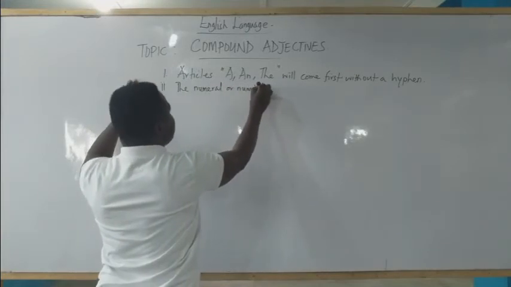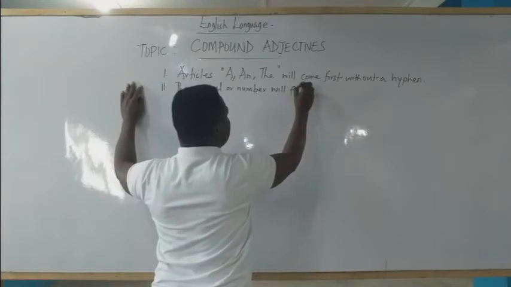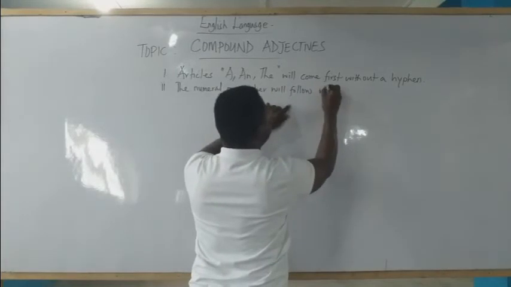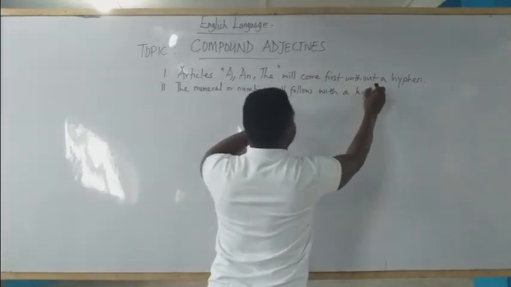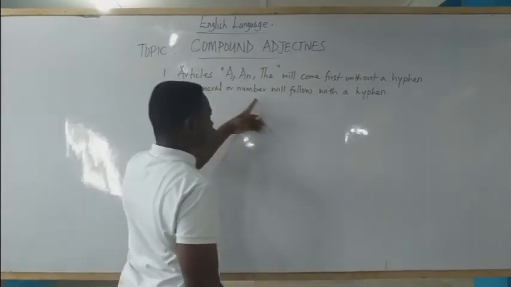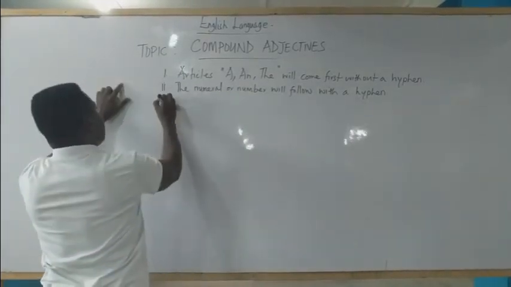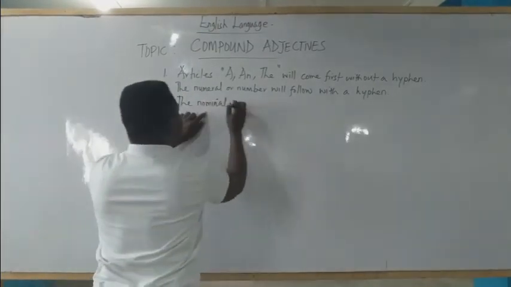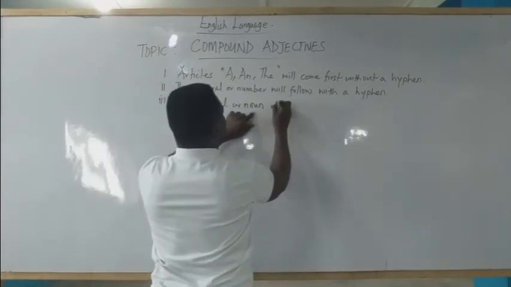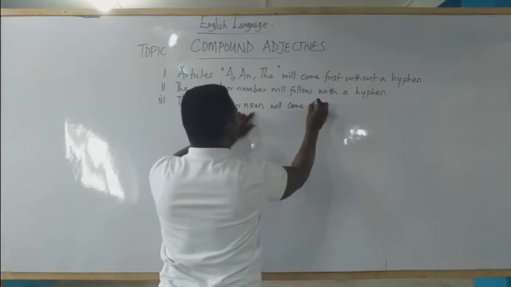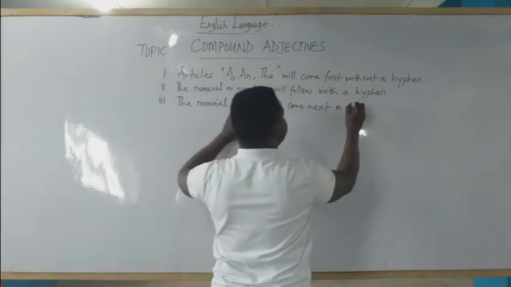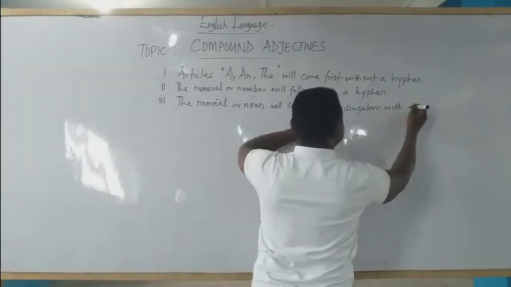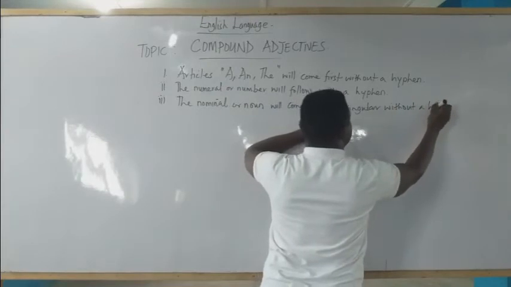Second step is that the numeral or number will follow with a hyphen. So you write your number as the next one with a hyphen. Then, third, you have the nominal. Nominal means noun. The nominal or noun will come next in singular form without a hyphen.